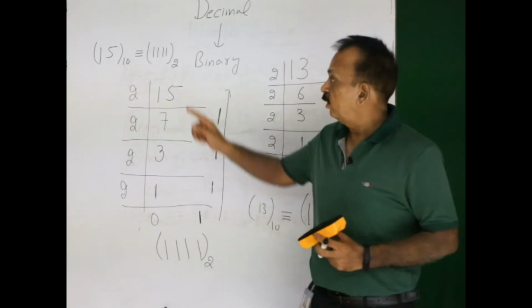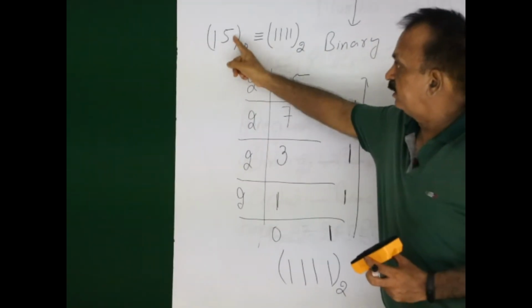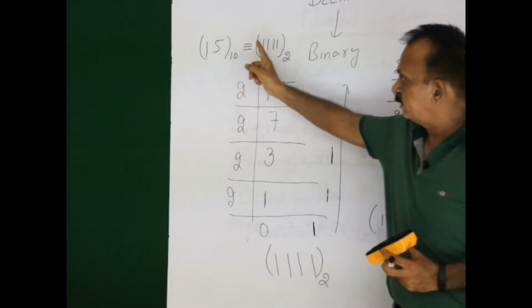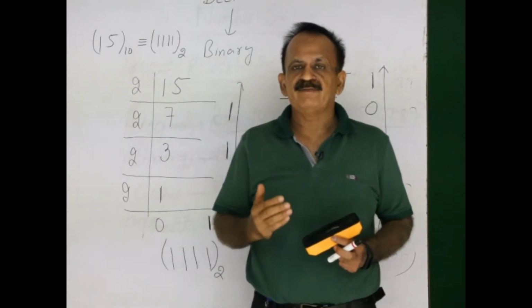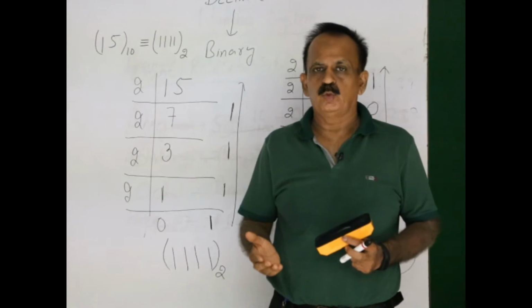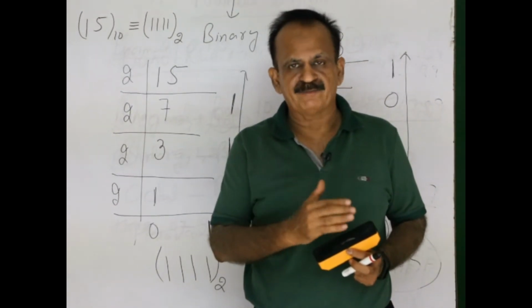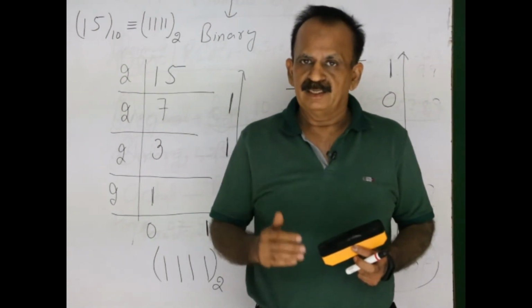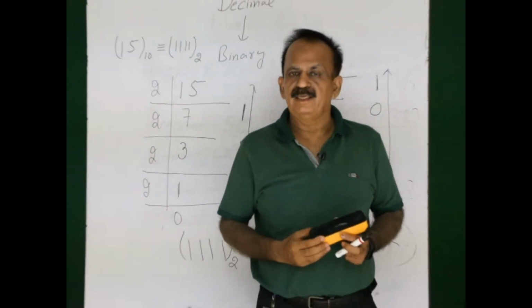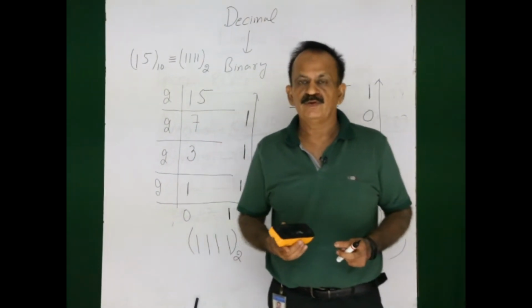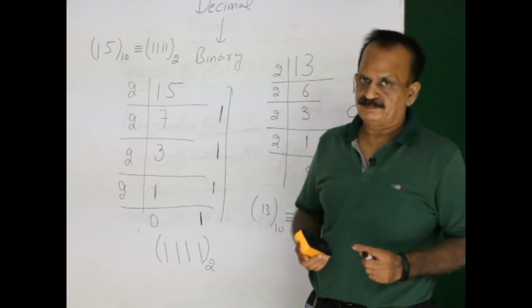This is how an integer number in decimal can be converted into binary. The steps are: successively divide the given number by 2 and write down the remainder after each step, and then writing the remainder from bottom to top gives the binary equivalent of the given decimal number.